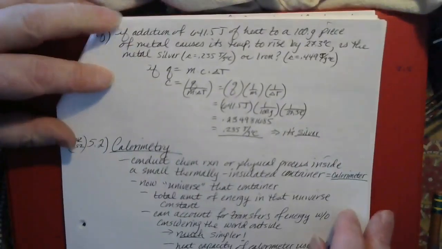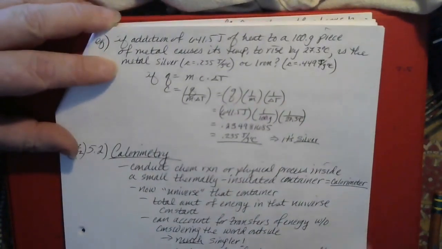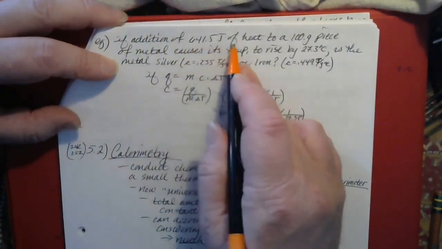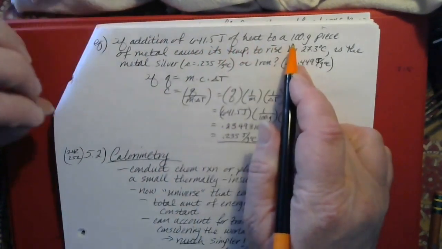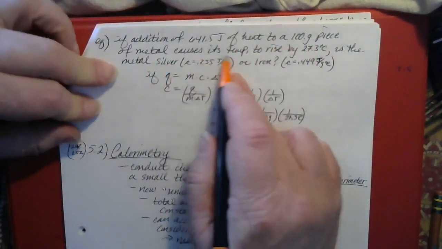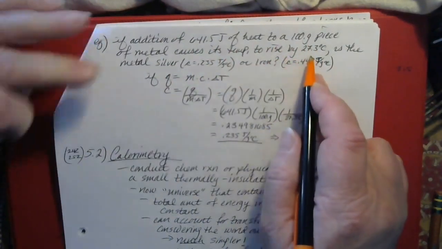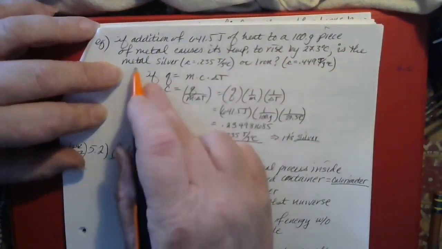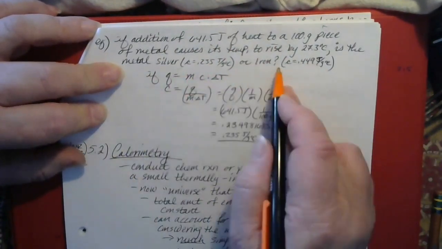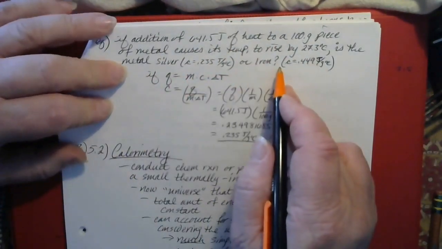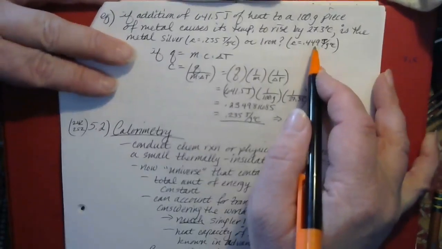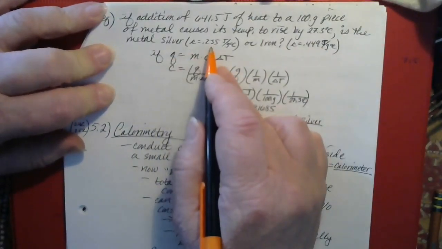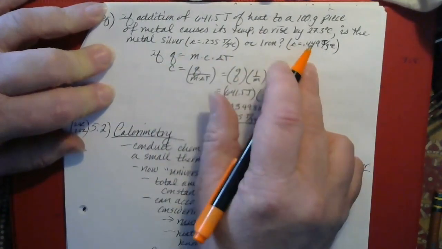An example of doing that would be, say, the addition of 641.5 joules of energy to a 100-gram piece of metal causes its temperature to rise by 27.3 degrees Celsius. Is the metal silver or iron? What you're going to do is find the specific heat for this metal and see if it matches the specific heat for silver or the specific heat for iron.